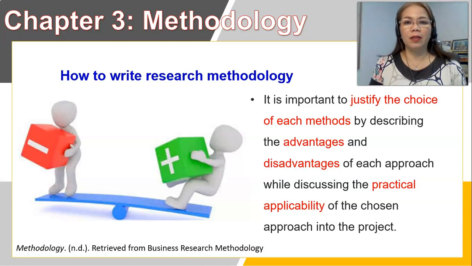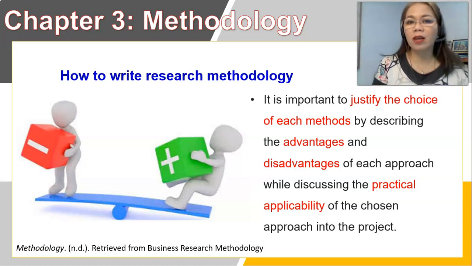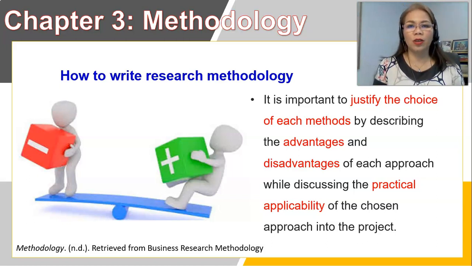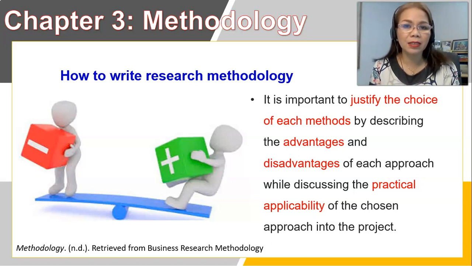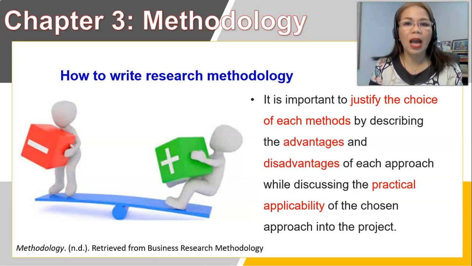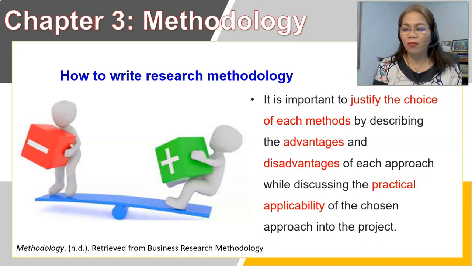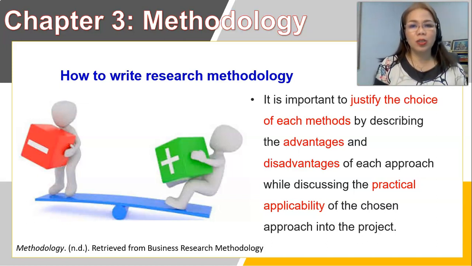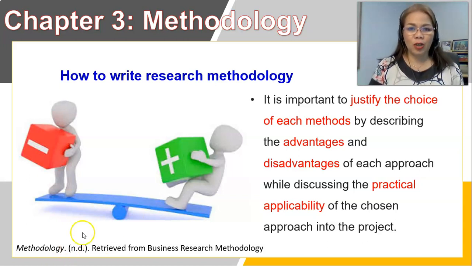For example, you are using purposive sampling in your thesis or in your dissertation. It's important that you discuss the advantages and the disadvantages of purposive sampling and why you chose it. Justify why you chose it and how you use it in your study. Okay? That's very important. And I hope these tips will help guide you as you write your methodology chapter.